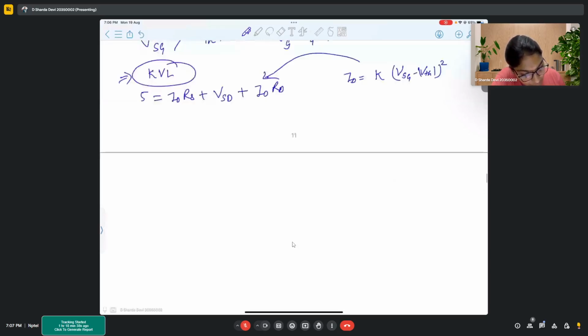Okay, so ID we know it's 124 microamperes, equal to 3.83 (VSG minus VTH, where VTH is 0.5) whole square.